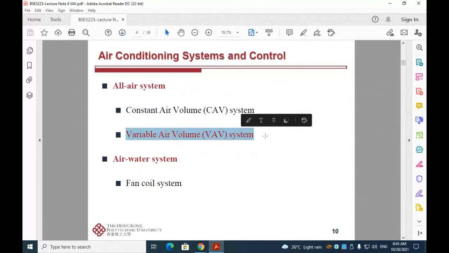Whereas for a VAV system, we can actually control the supply air volume, and the VAV system's control principle and application is what we are going to cover today.